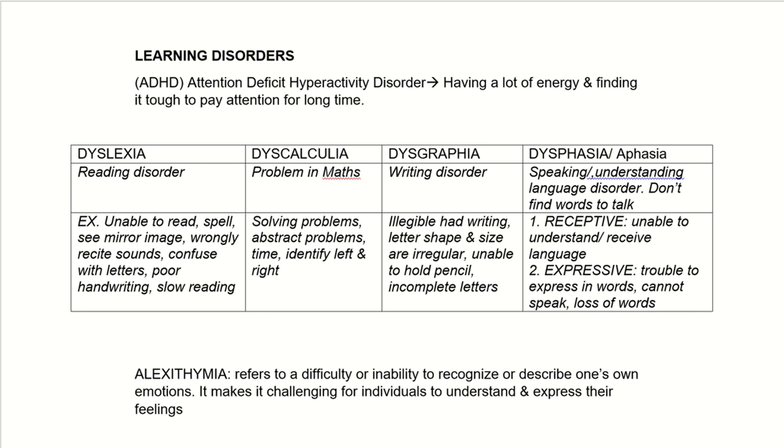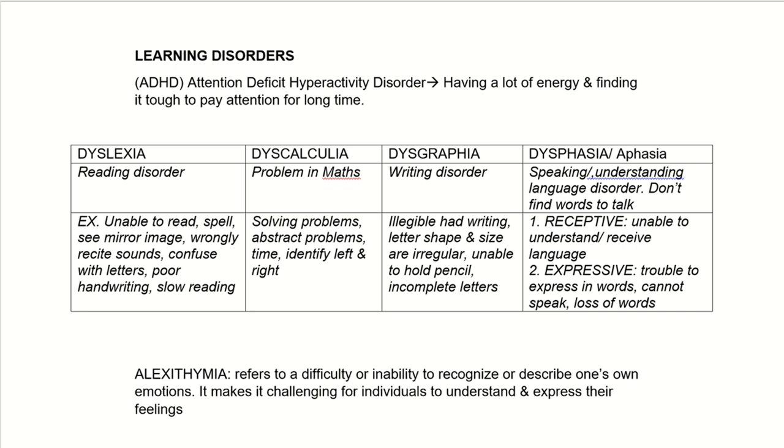Now the other disorder is dysphasia or aphasia. Here it is a speaking or understanding language disorder. They don't generally find words to talk, or they cannot understand properly. In that, first is receptive and second is expressive.